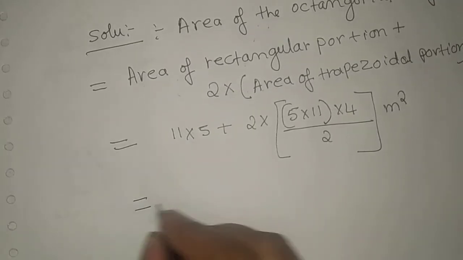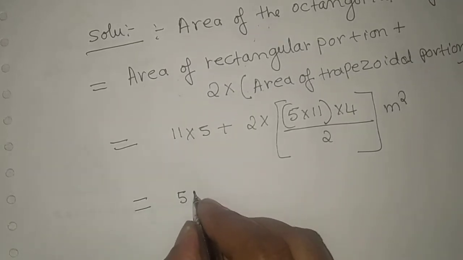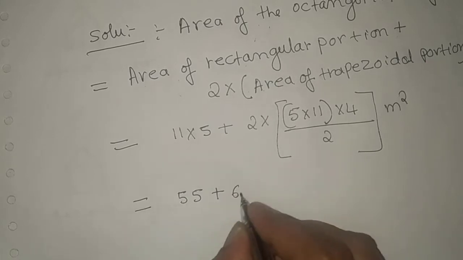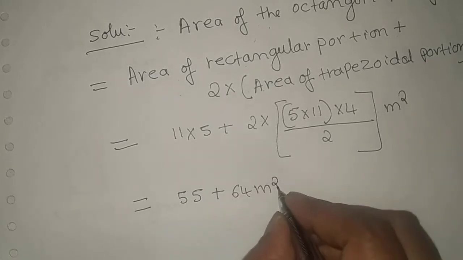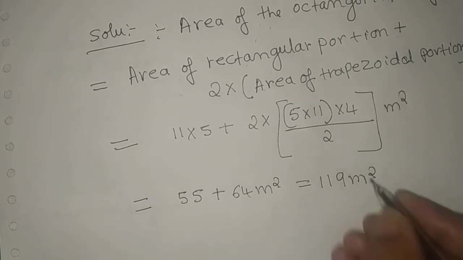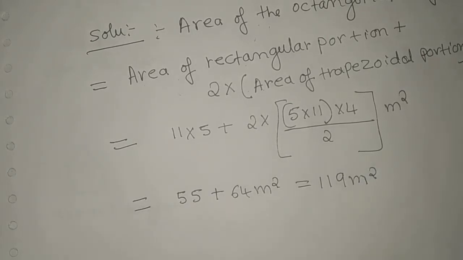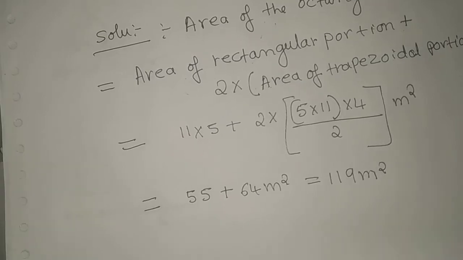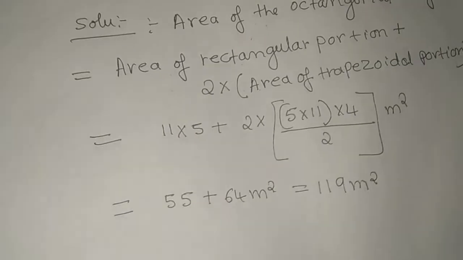Now simplify this, we'll get 55 plus 64, m square is equal to 111 m square. This completes the 9th problem.